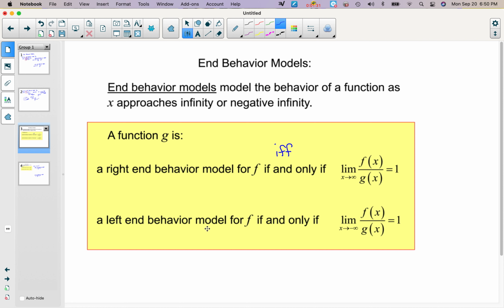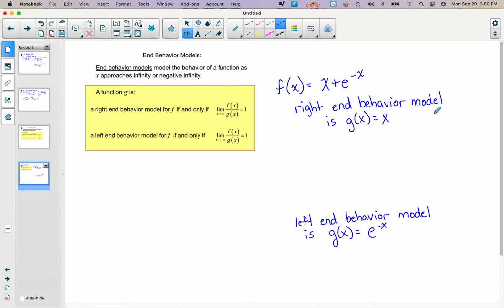And a function g would be a left end behavior model for f if and only if the limit as x approaches negative infinity of your function over your end behavior model equals 1. Let me show you this with the one we just did. The right end behavior model we said for g of x was x. To show this mathematically as a proof, I would look at the limit as x approaches infinity of f of x over g of x, so that's x plus e to the minus x over x.